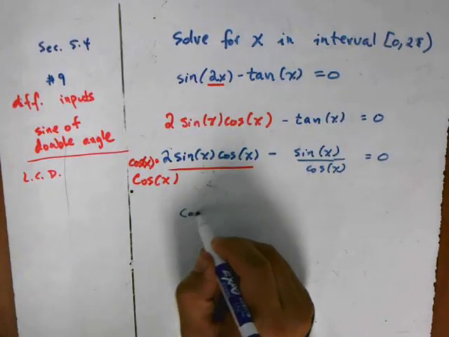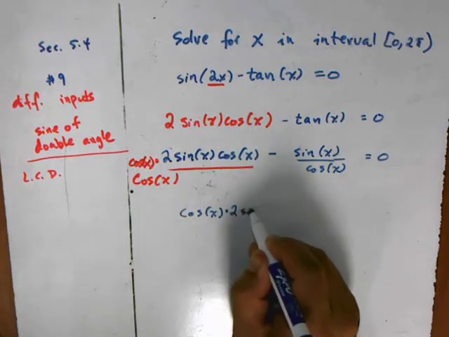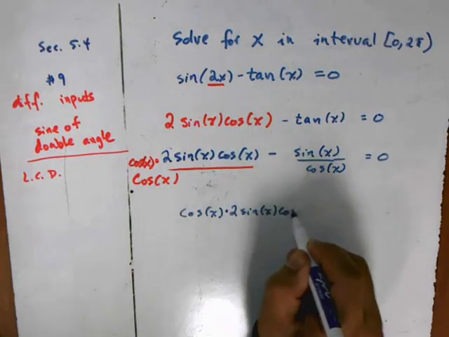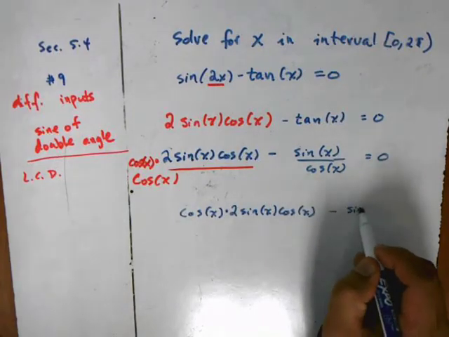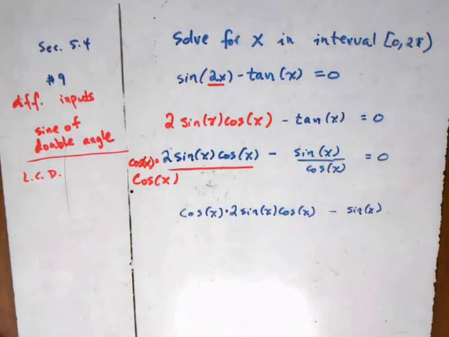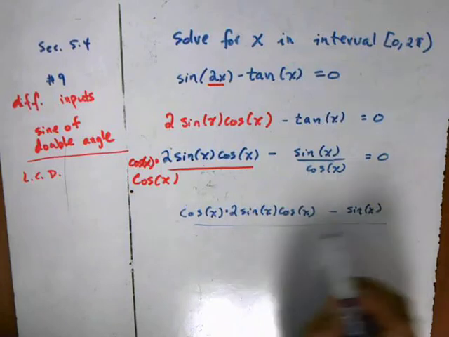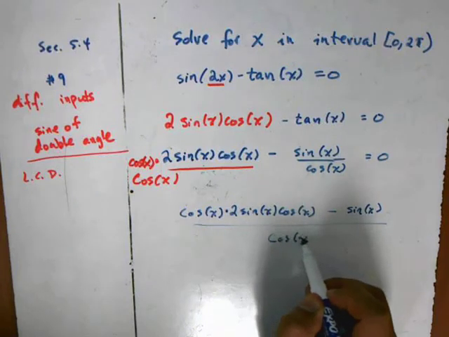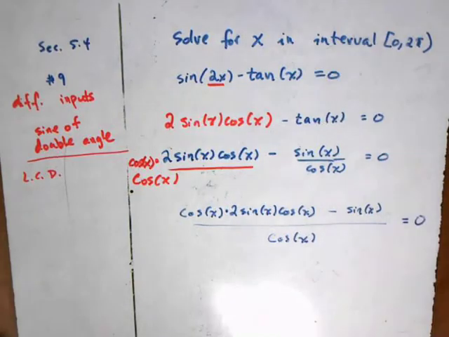So now I have cosine x times 2 sine x cosine x, that's one term, that's this whole term right here, minus sine x, and then the entire thing divided by cosine x. And all of this is set equal to 0.